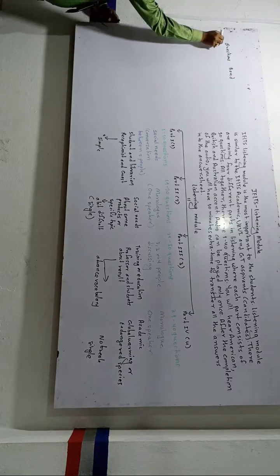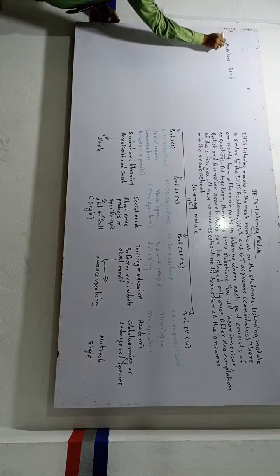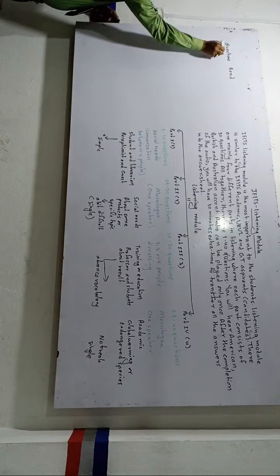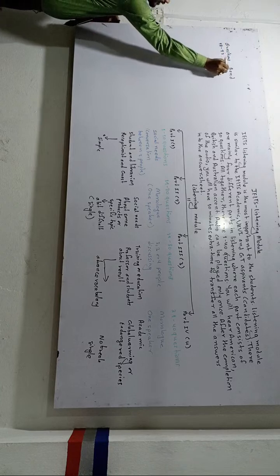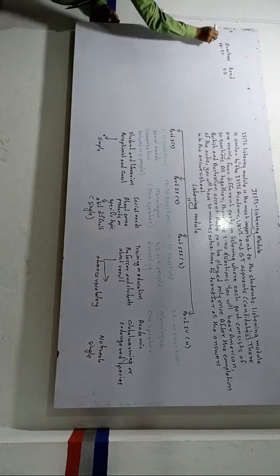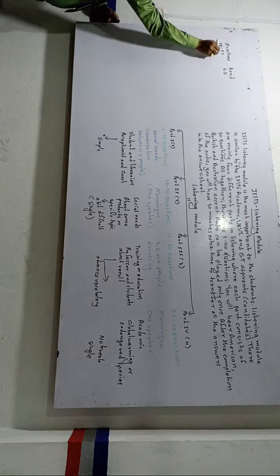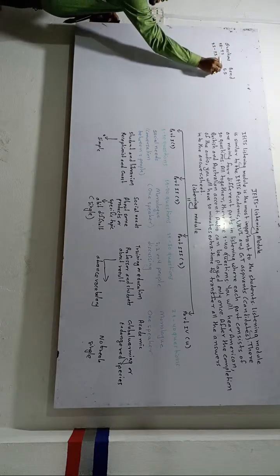Band score. Look here. If you get 18 to 22, you get 5.5. Clear? If you get 23 to 25, you get 6.